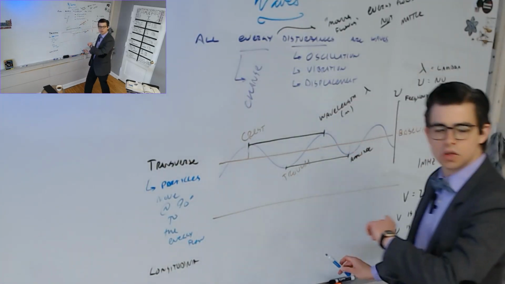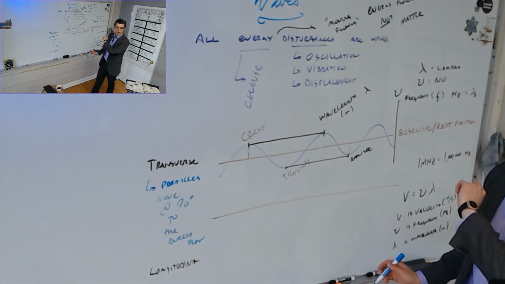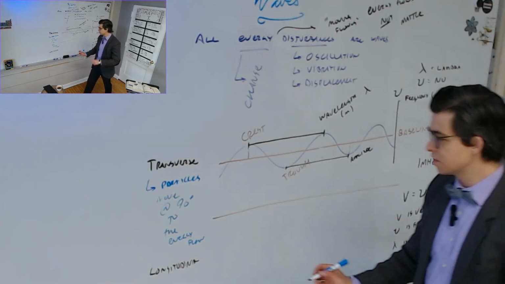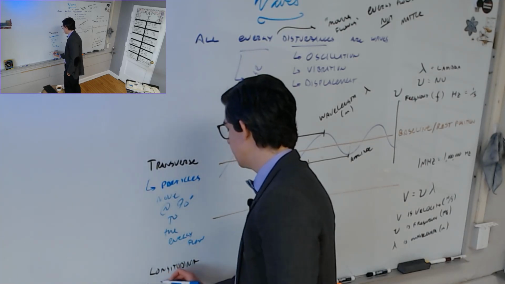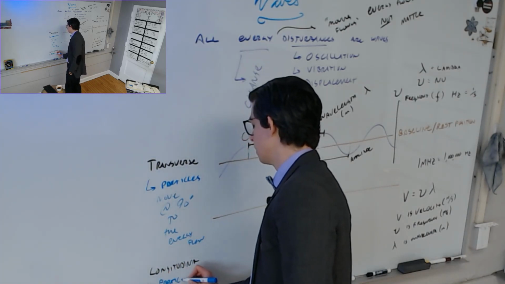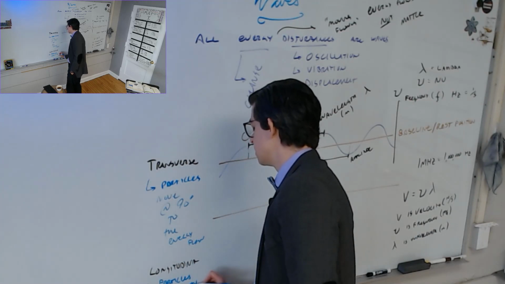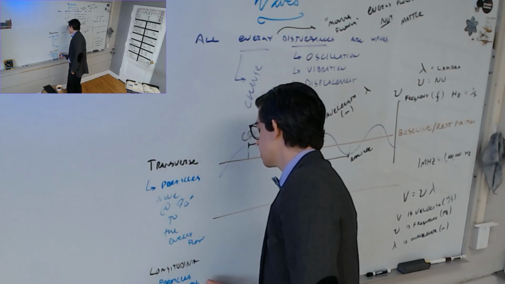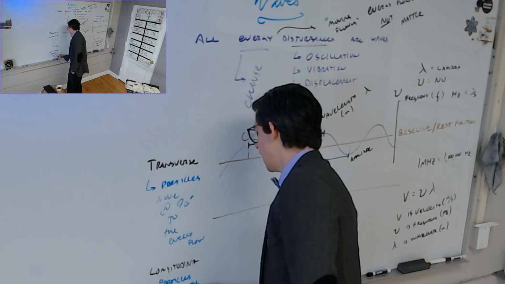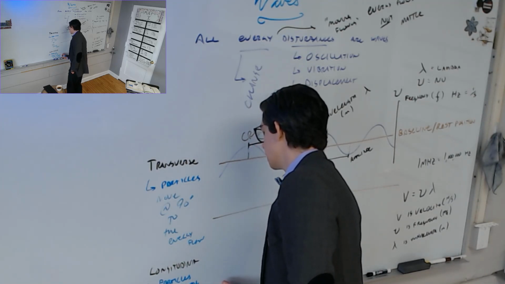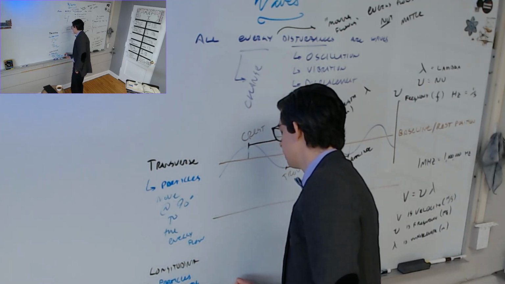Wait, in a longitudinal wave, do the particles move from place to place? No, they still just go back and forth. But in this one, the particles, the matter, if there is matter, move in the same direction as the energy flow.